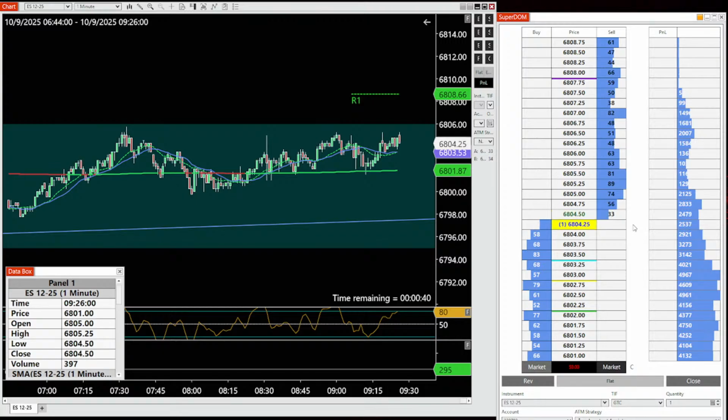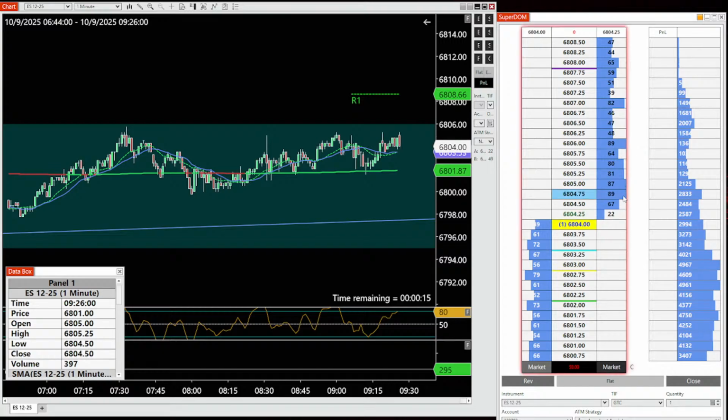Not getting absorbed. 94 at 05, 95. Stacking those orders. Not getting absorbed. Maybe at 06, 05. You're trying to stack them a little lower now, huh? 475, 07.